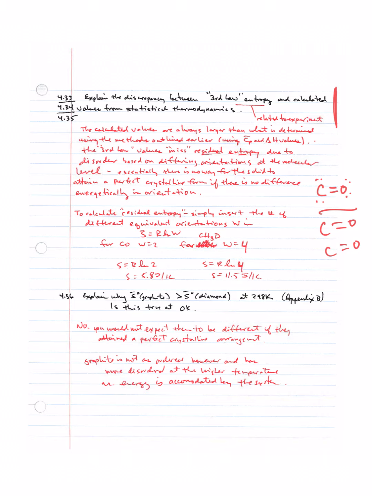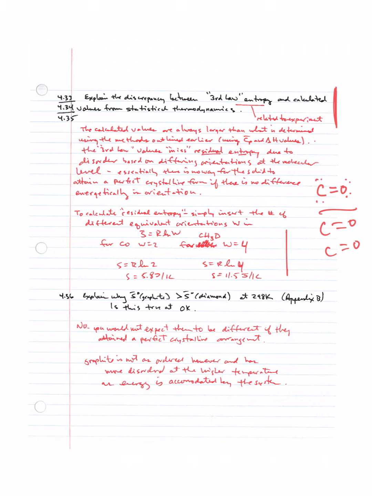And so there's a natural disorder that's going to happen, even though you won't be able to measure it in the experimental ways we talked about. In calculated values, using something called statistical mechanics, you can account for it. The equations aren't hard.